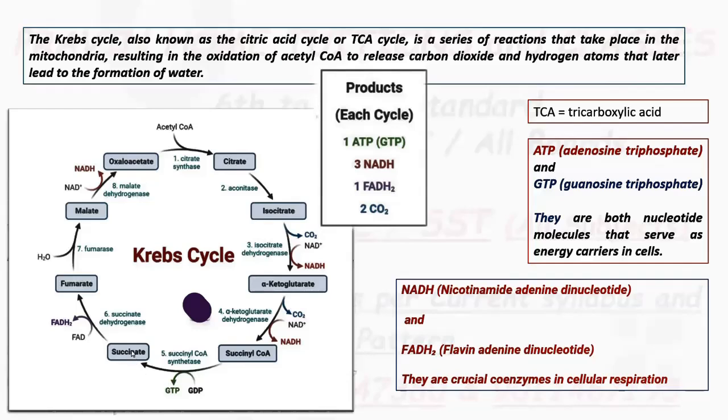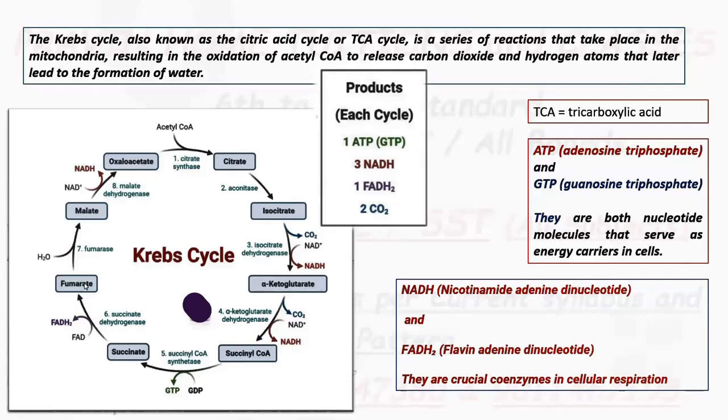Then succinate reacts with succinate dehydrogenase and forms fumarate. Here one FADH2 molecule is generated. FADH2 means flavin adenine dinucleotide. This is also an energy molecule.